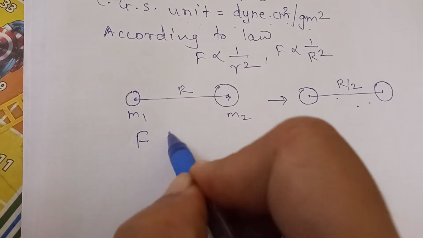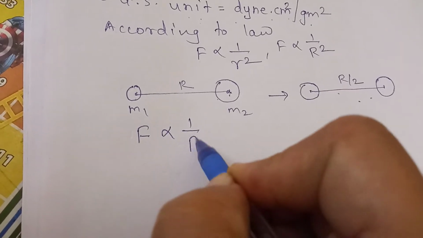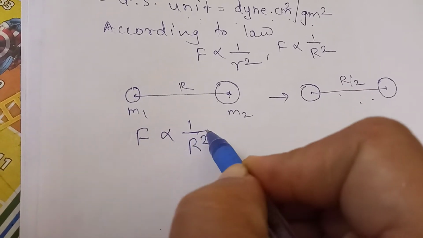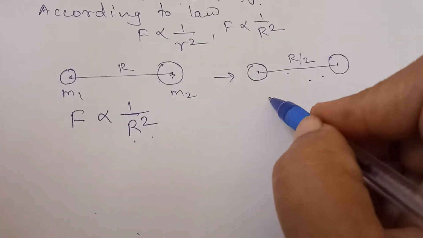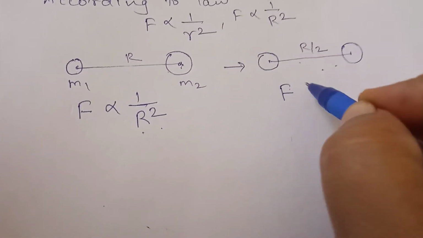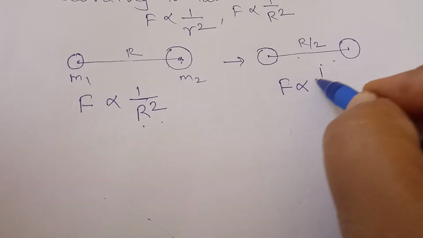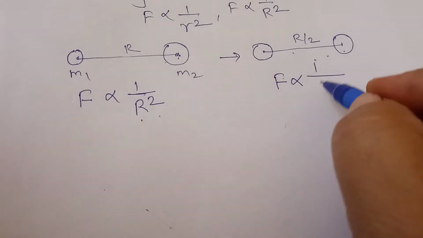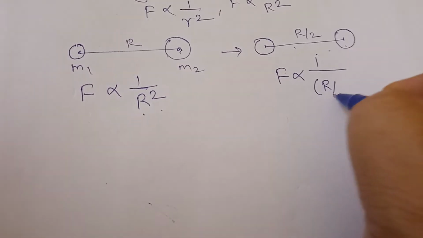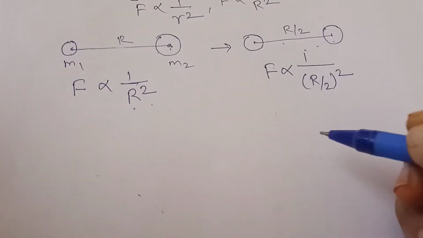In the first case, F is inversely proportional to r square. Now in this case, F is directly proportional to 1 upon r upon 2 bracket square.